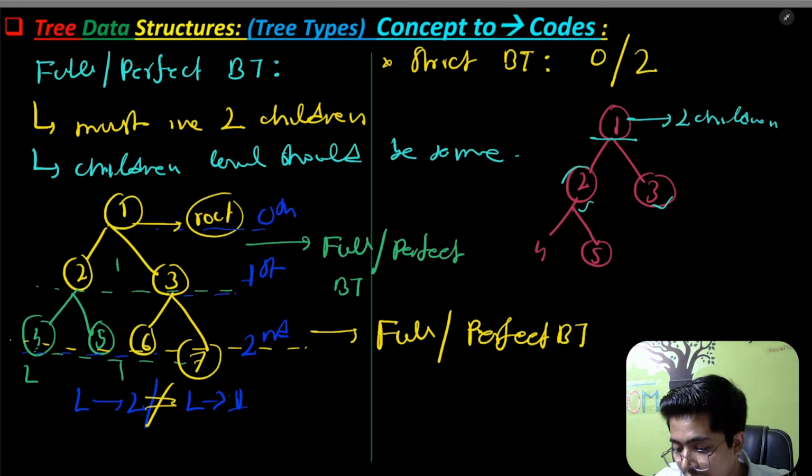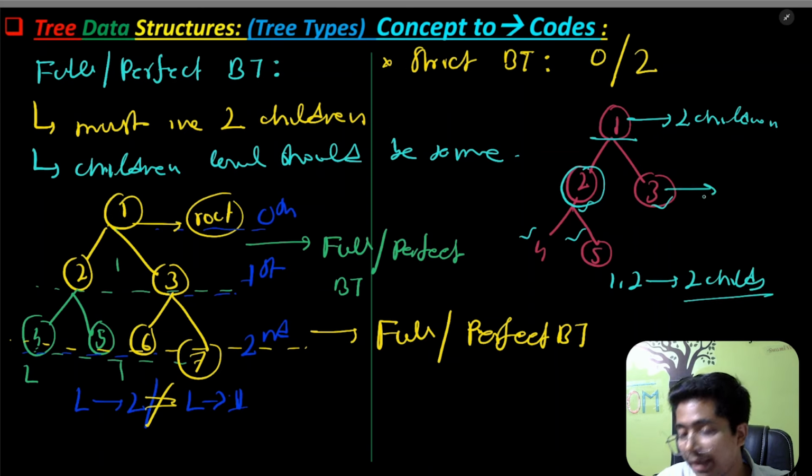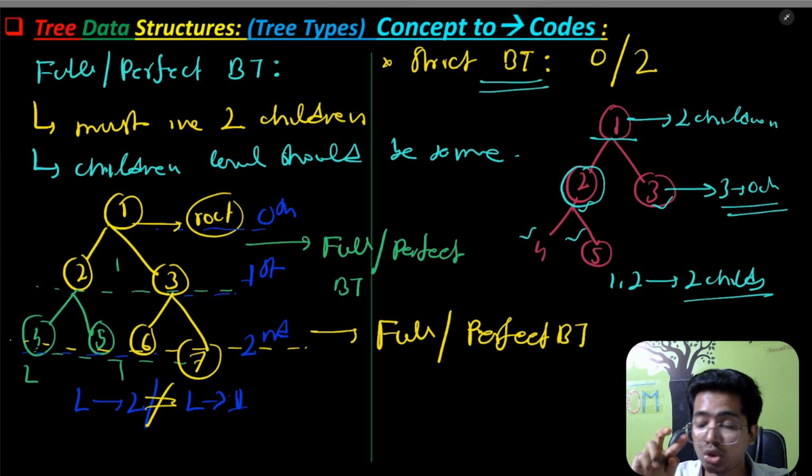And if you notice node 2, the children of 2 are 4 and 5. So 1 and 2 are strictly having two children. But if you observe 3, it has no children, strictly 0 children. So the condition for a strict binary tree is that a node should have 0 or 2 children. It's satisfying 2 children or 0 children, so we can call it a strict binary tree.